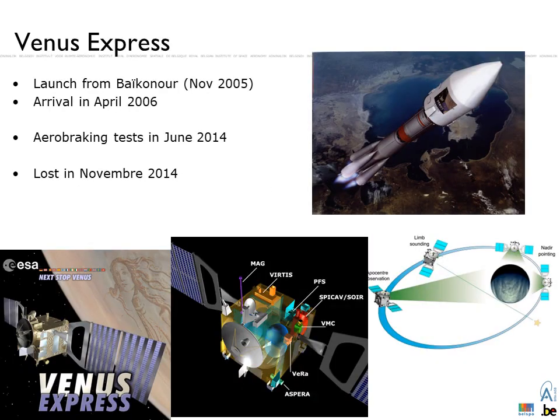Venus Express is a European Space Agency mission. It consisted of a series of instruments whose main objectives were the characterization of the atmosphere of the planet, from its surface to its interaction with the solar wind.